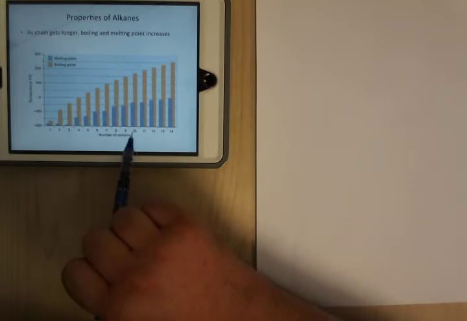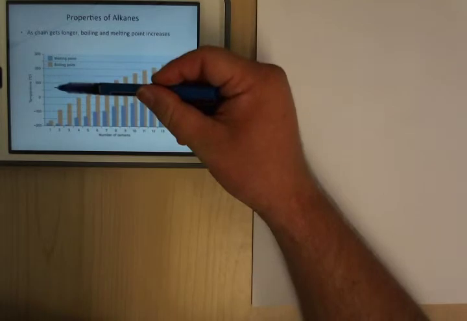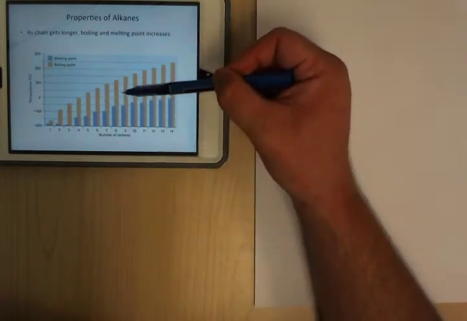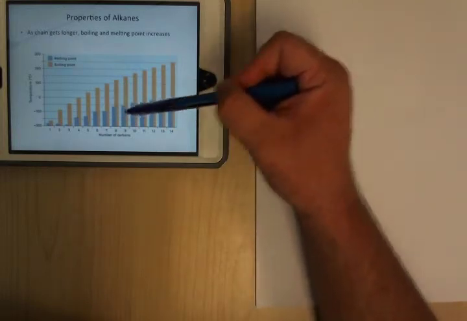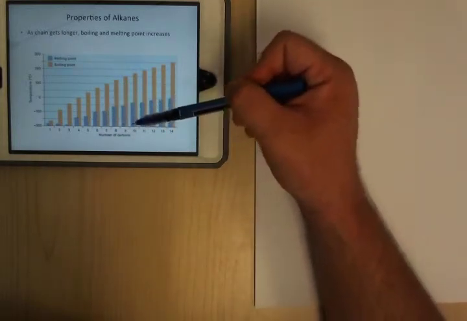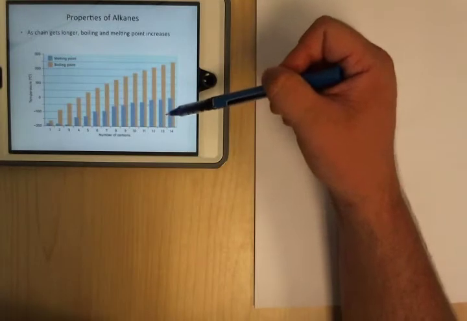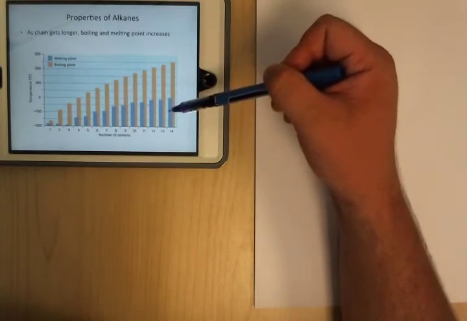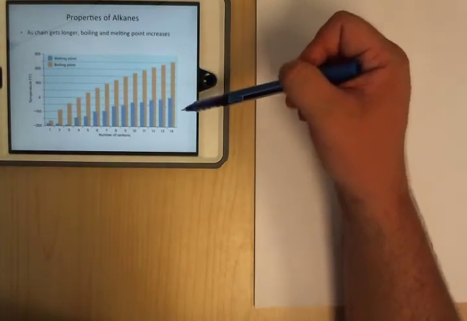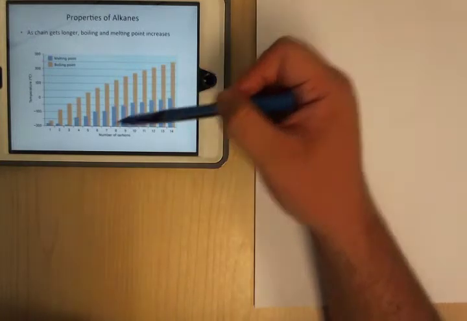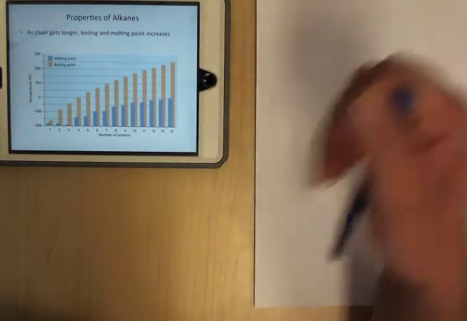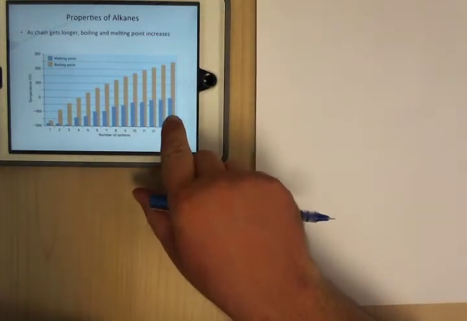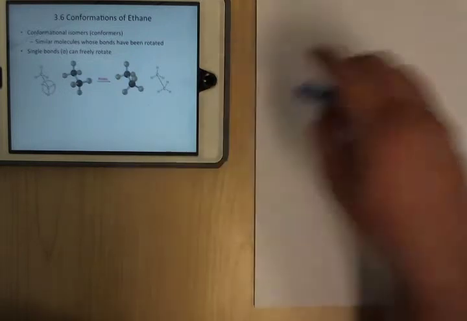In here it's going to be a liquid, and with larger waxes you're talking about solids. So the longer the chain, the more likely it goes from gas to liquid to solid at room temperature.